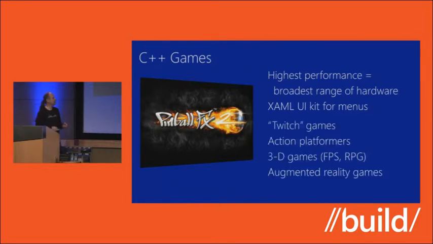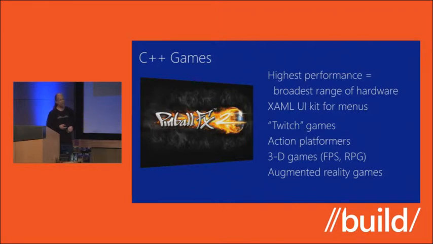And also it delivers the absolute best performance in terms of latency that you would need for a twitch game. Even some of these relatively simple games often have very timing dependent gameplay elements. And so tuning that particular piece of code by using C++ is a good way to optimize that. So action-based platformers where it's very timing dependent.